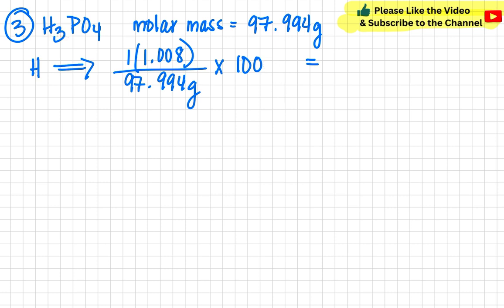Once we do the math, it comes out to 3.086%. Now we're going to do phosphorus.